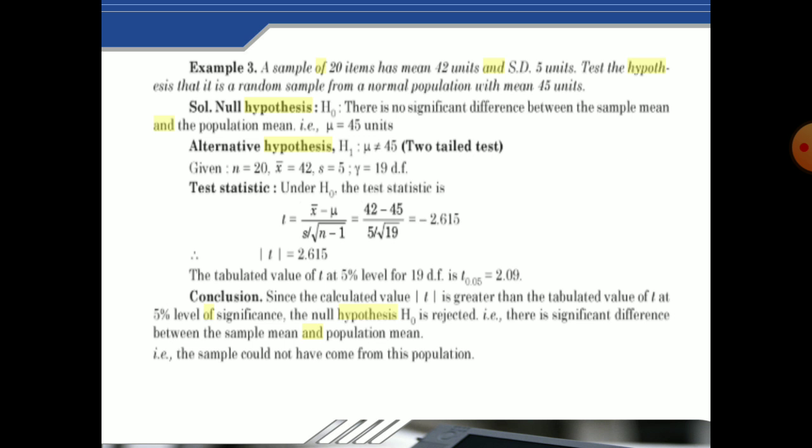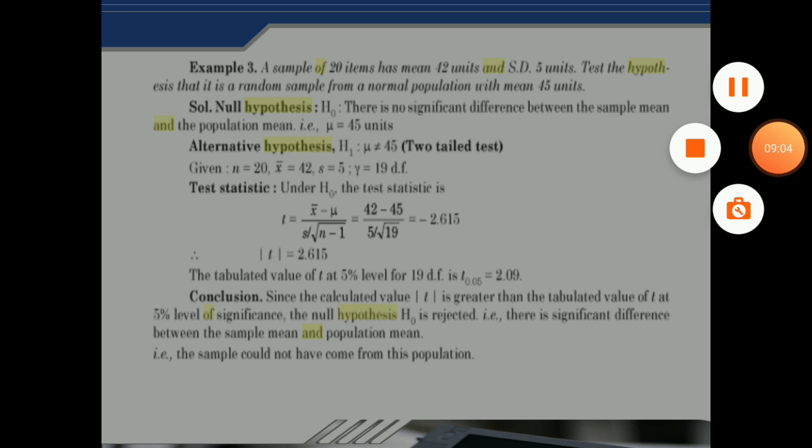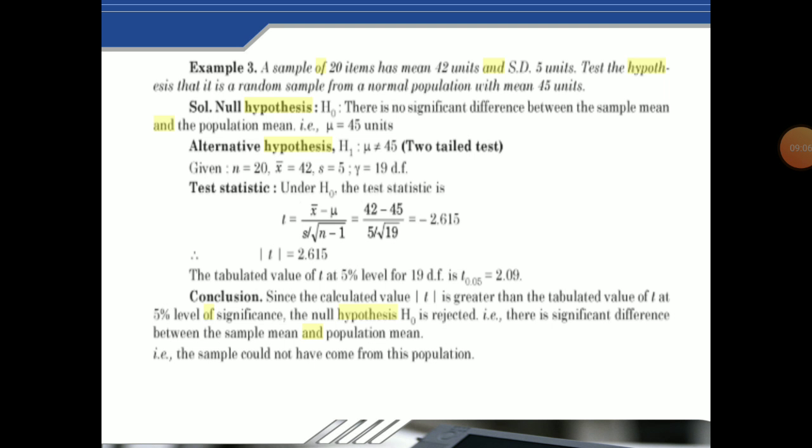Now here is a first example. A sample of 20 items has mean 42 units and standard deviation 5 units. Test the hypothesis that it is a random sample from a normal population with mean 45 units.